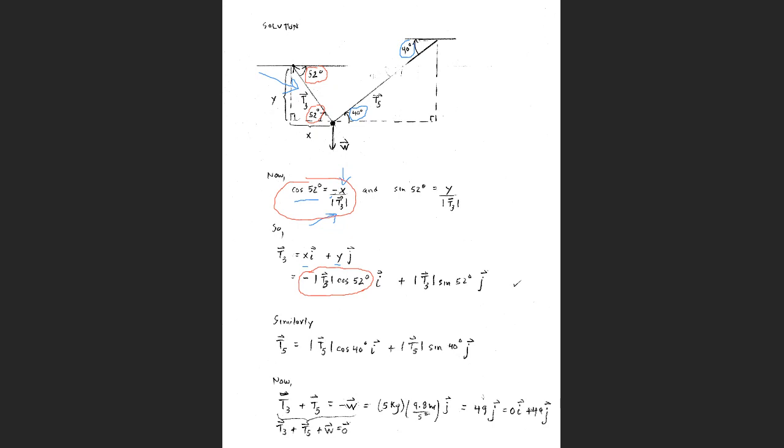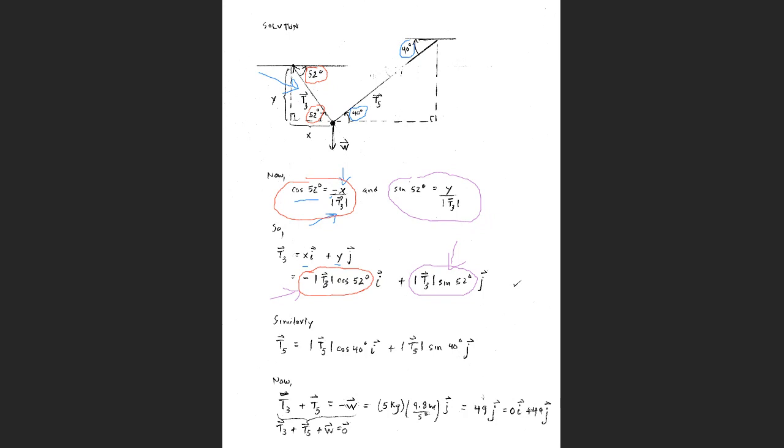And for the j vector, the sine of 52 degrees is y over the magnitude of T3, so y is equal to the magnitude of the T3 tension vector times the sine of 52 degrees. So the x component of this third tension vector is negative, but the y component is positive. Are there any questions on that? And of course, we're not done yet.